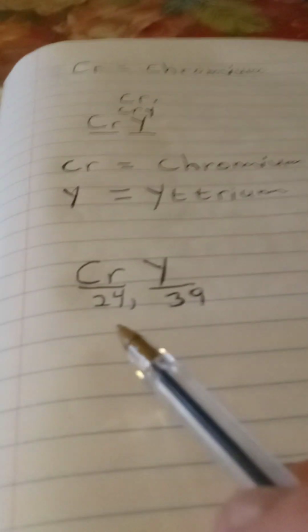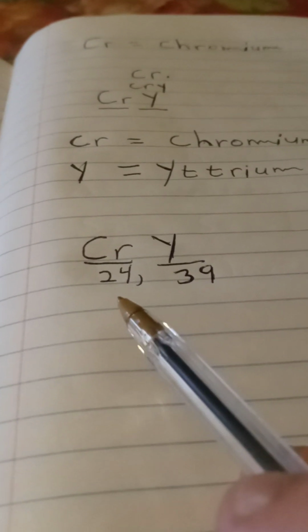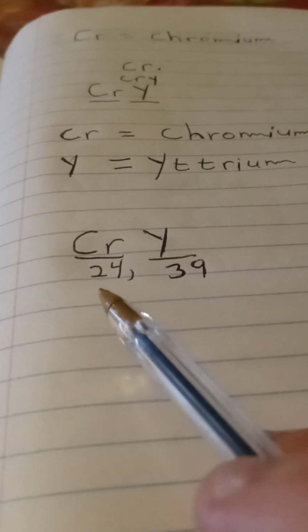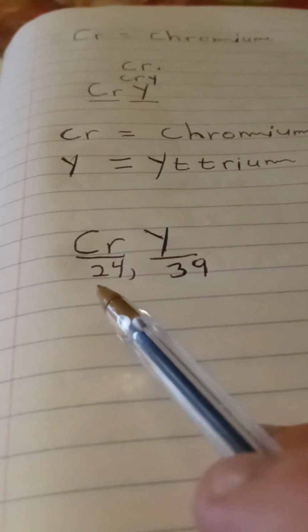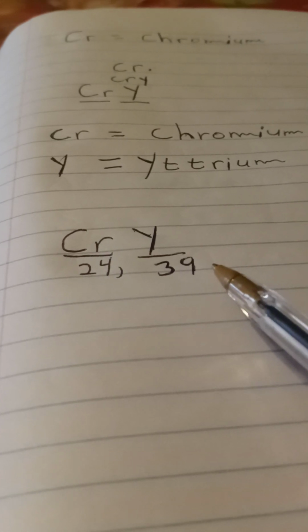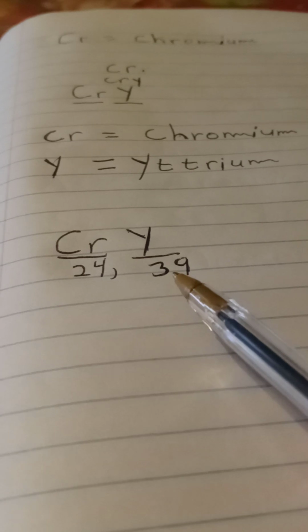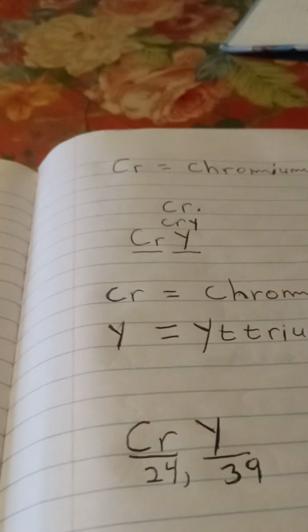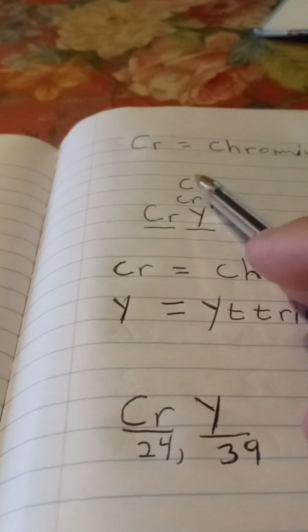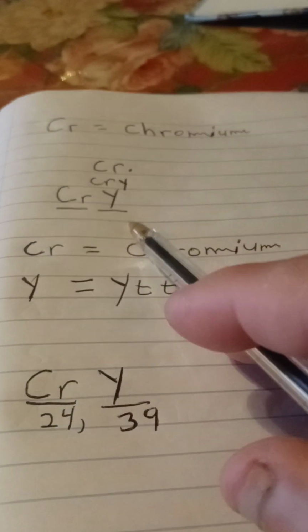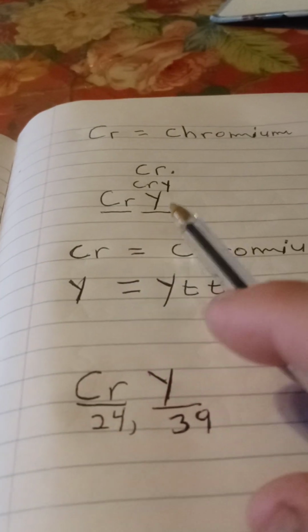Now, if you want to go further in your study and memorize the atomic numbers, chromium has an atomic number of 24, and yttrium has the atomic number of 79. And there you go, you have it. Capital C and a small r is for chromium, a capital Y for yttrium, and you've got the word CrY.